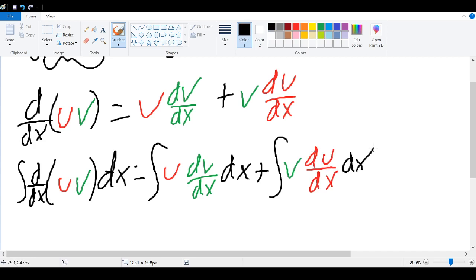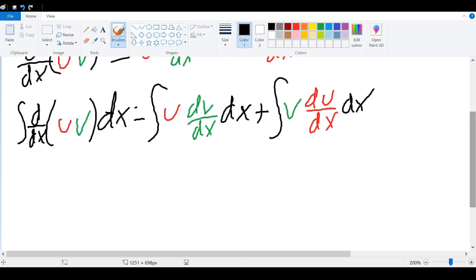All right. And now if we look at this left-hand integral, we have the integral of the derivative of uv. Well, by the fundamental theorem of calculus, we know that that's uv.